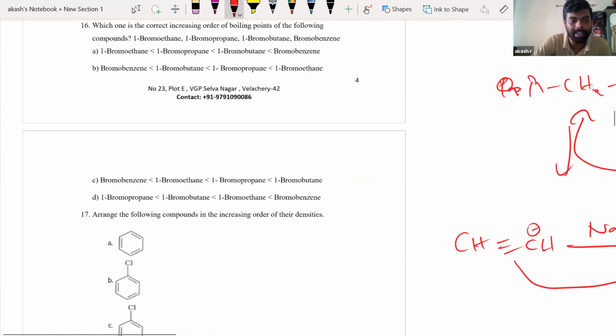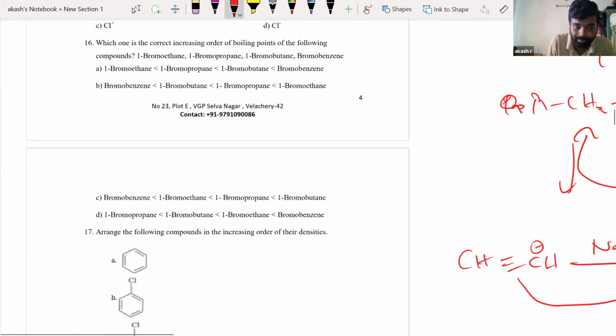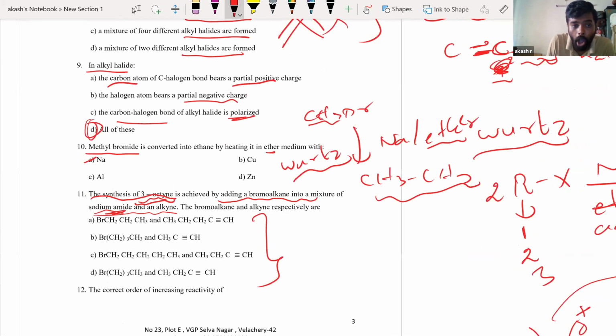Okay, now we'll directly see what can happen. I want to produce oct-3-yne. Remember this. Okay, fine. Now look at this. If you take option A, all you have to do is make the nucleophilic substitution reaction happen. Can I say this will be the negative charge if you remove this H?